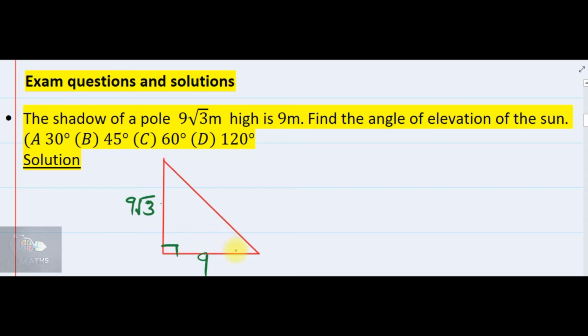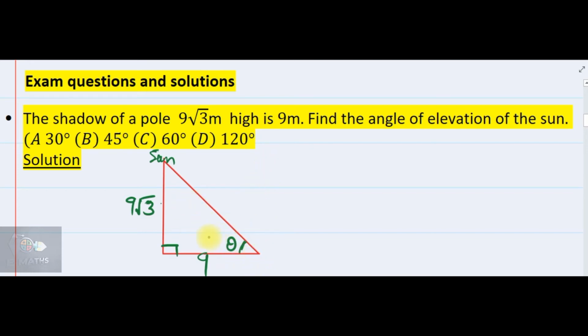We are now asked to find the angle of elevation, let's call it theta, of the sun. Remember, we elevate from this point.